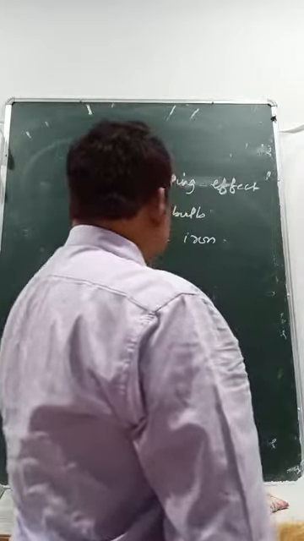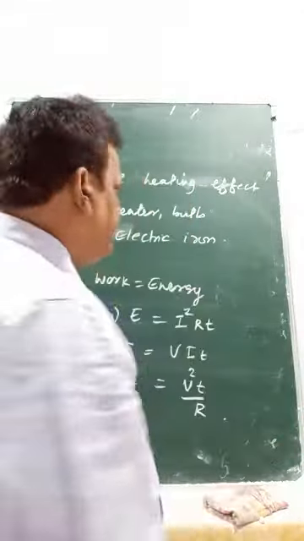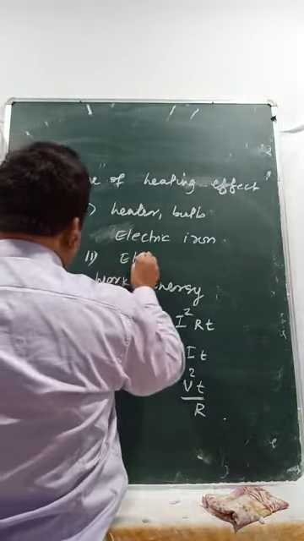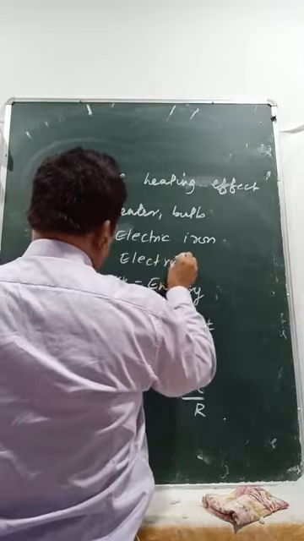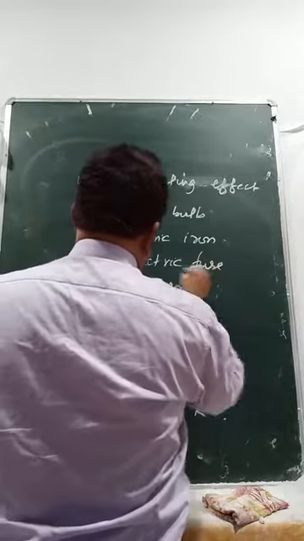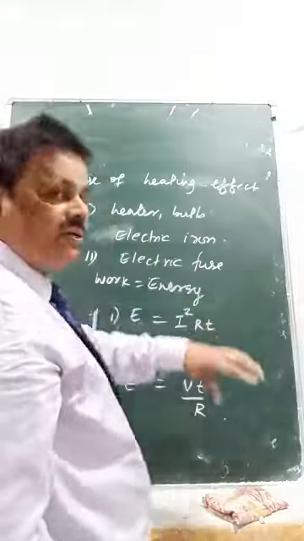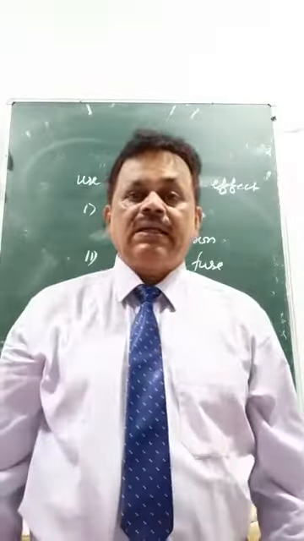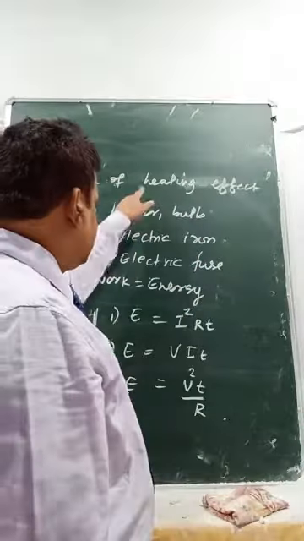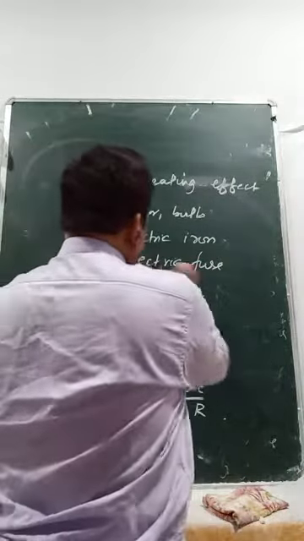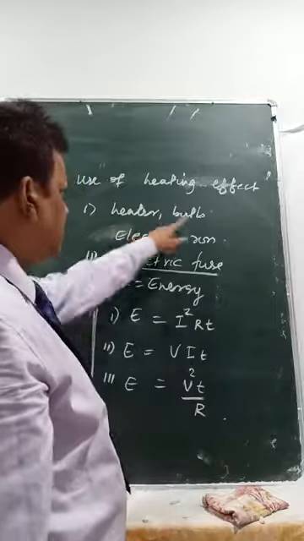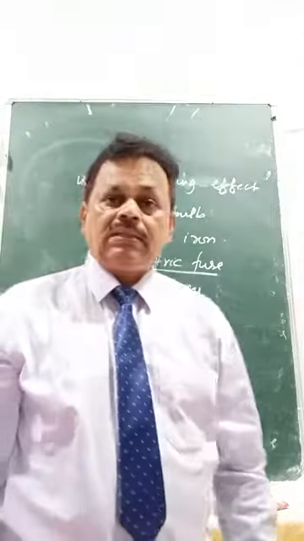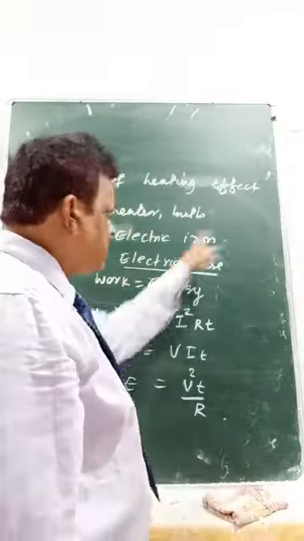Heater, bulb, electric iron, these are everything. Also important is the electric fuse. In the electric fuse, when it becomes hot, then only it gets burned, so the current gets disconnected. So the heating effect is also used in the electric fuse, electric heater, electric bulb, electric iron, electric kettle.